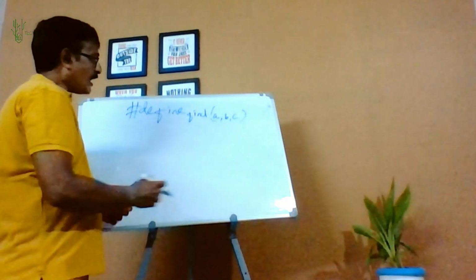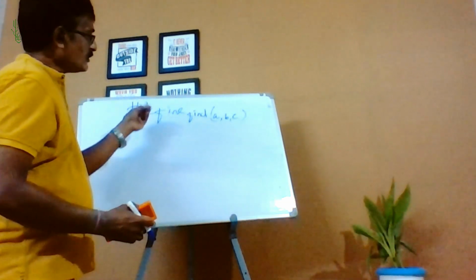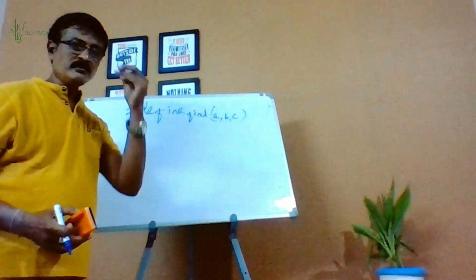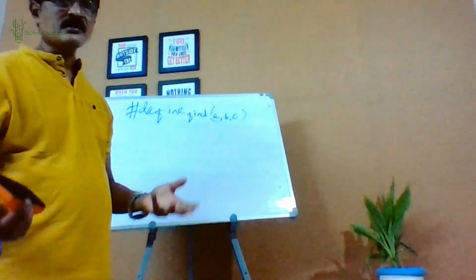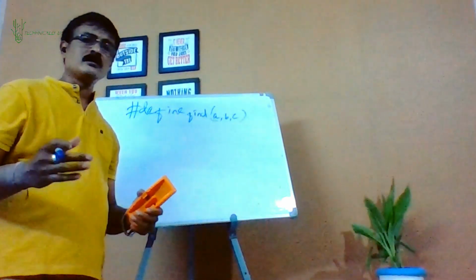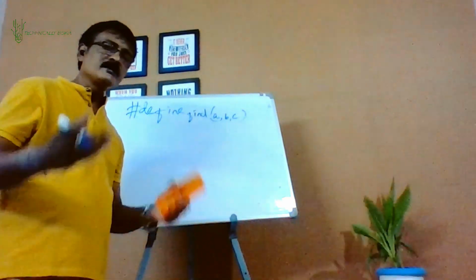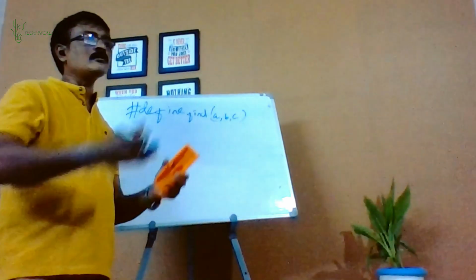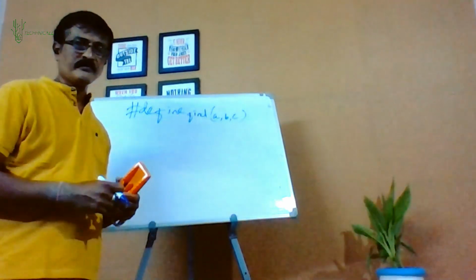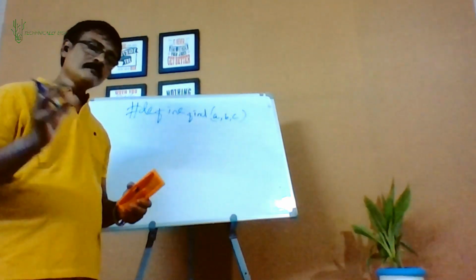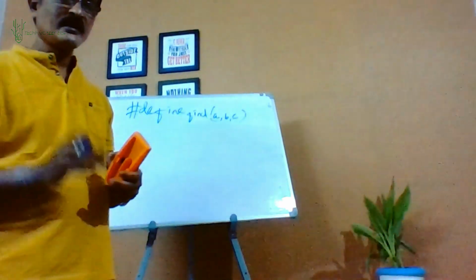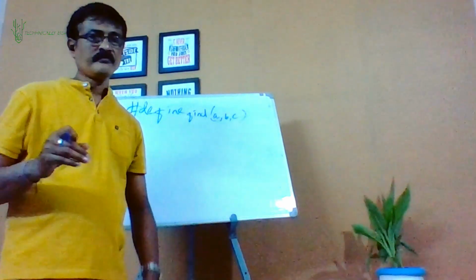Got it? And what exactly is the advantage of using a macro? Just imagine what we do. For example, value of pi. Okay. For example, let's say I have a constant which I use throughout my program. The value of that constant is 10. 10 I use throughout the program.